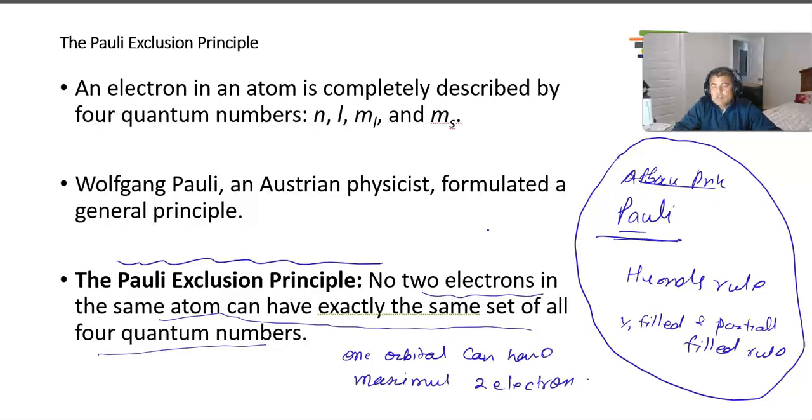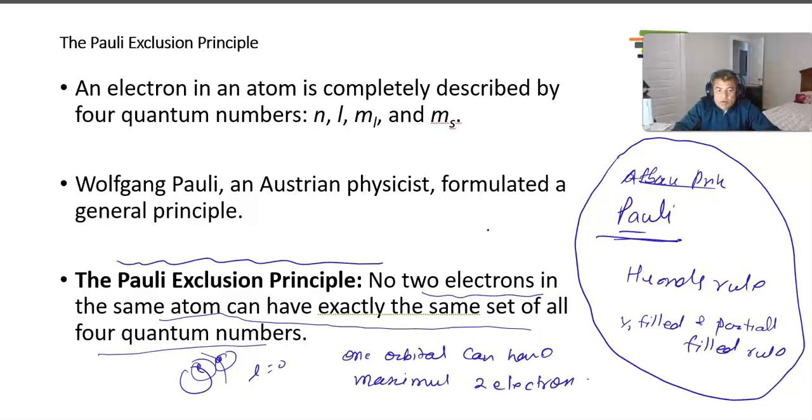That is the Pauli exclusion principle. For example, if this is an electron here, and this is another electron, and this has also the same 4 quantum numbers, that doesn't exist. No 2 electrons in the same atom can have exactly the same set of all 4 quantum numbers.